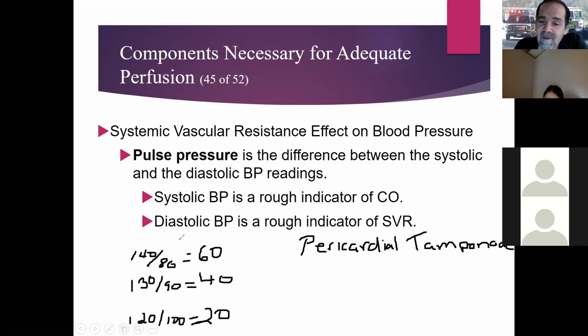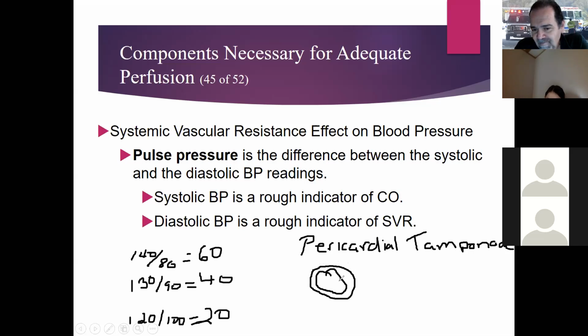So pericardial tamponade is a condition where you have the heart itself. I'm going to draw the heart simply like this, right? And then you have a tissue that surrounds the heart, a fibrous tissue called the pericardium. The pericardium is not easily stretched. It is very tough.